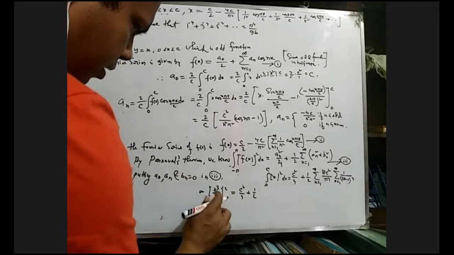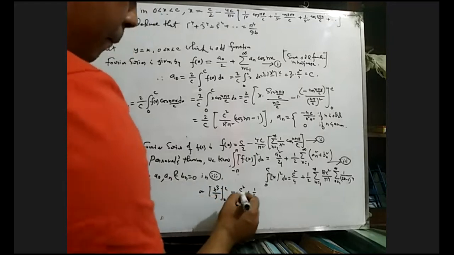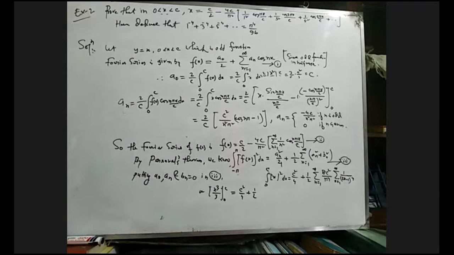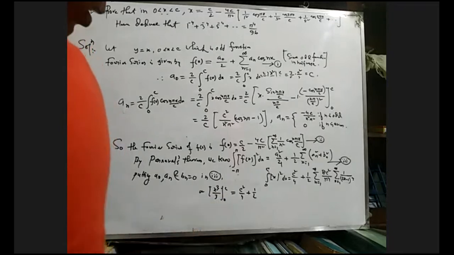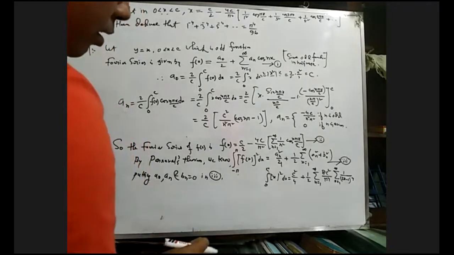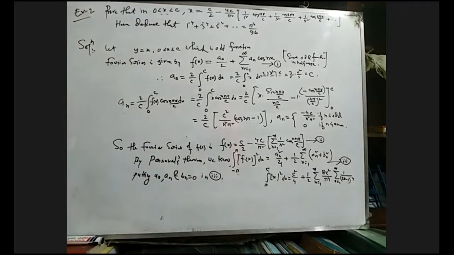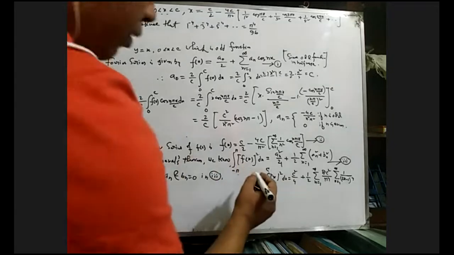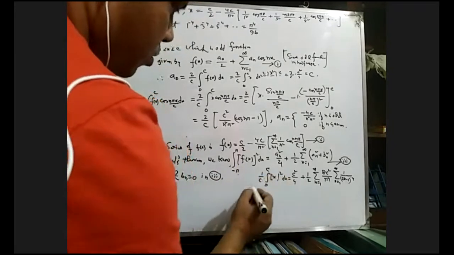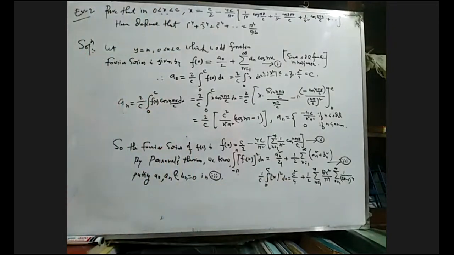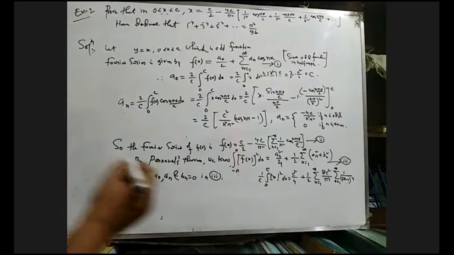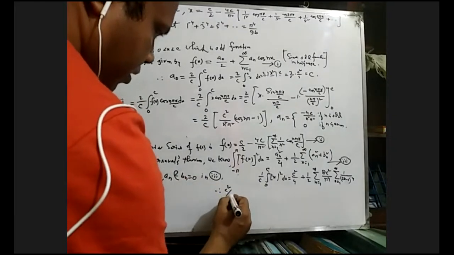X cube by 3, and we get c cube by 3 totally. And here 1 by another c, so c will be cancelled. So we get only c square by 3.